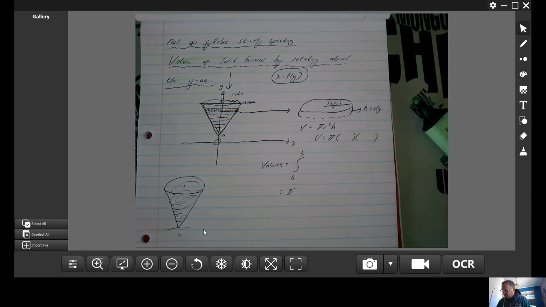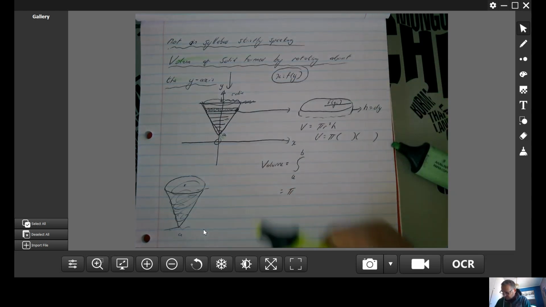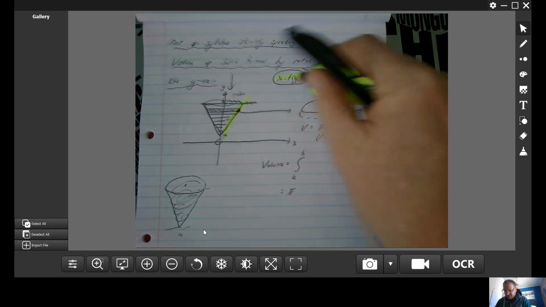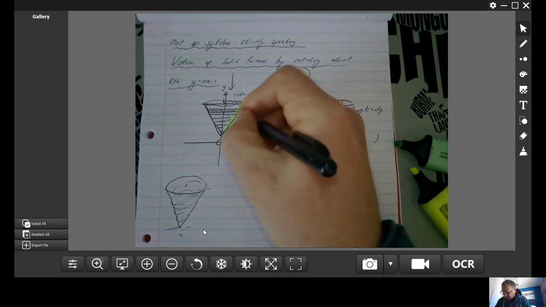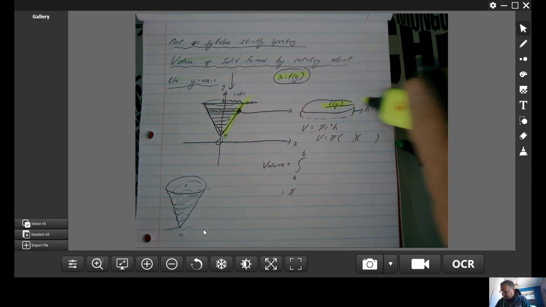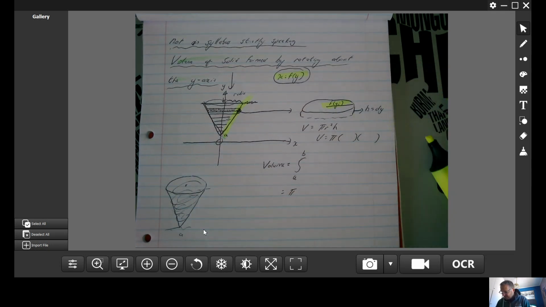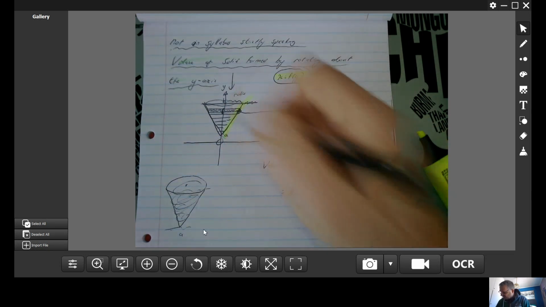The one thing you'd have to do, if we took this as your function, is write this function as x is equal to f of y. So you get your x values here, which will be f of y. Now your height would be a little change of y value.